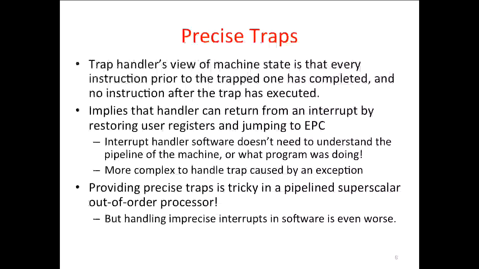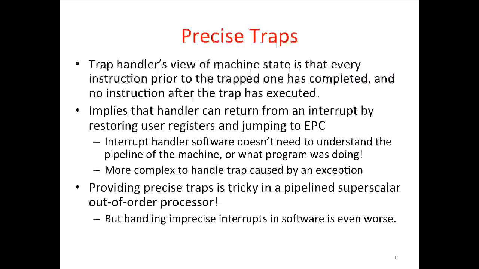And we saw already that we have to be careful when we build a pipelined processor, that even though we're overlapping execution of instructions, we make it look as if each one finished before the next one started. So you could use the result of one instruction in the next instruction. A precise trap extends that to how exceptions are handled, so that when something goes wrong in the program, you want to make it look as if you stopped dead on one instruction and everything before that finished, and nothing after that had any impact on state.